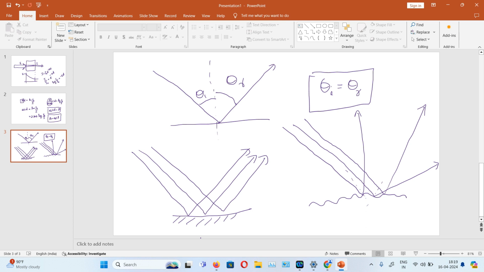This will not create a proper image, like the reflection on a mirror surface. This kind of reflection is called diffuse reflection. It may not produce a proper image.